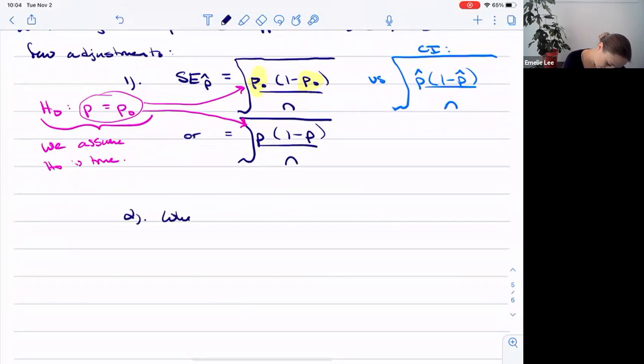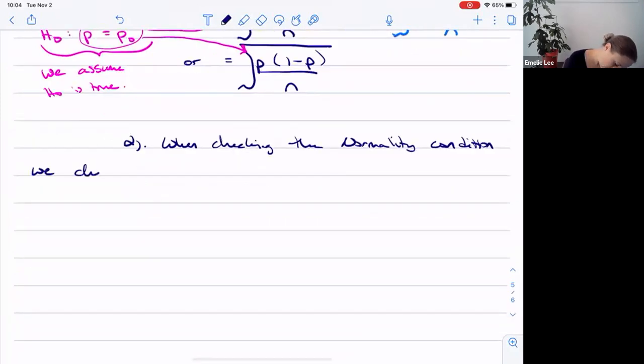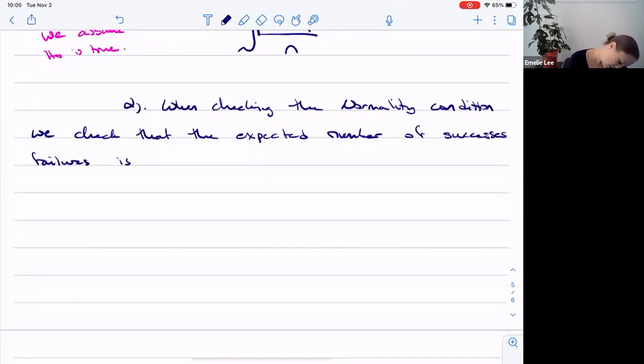And the second adjustment is when checking the normality condition, we check that the hypothesized, or the expected, number of successes and failures is more than 10.